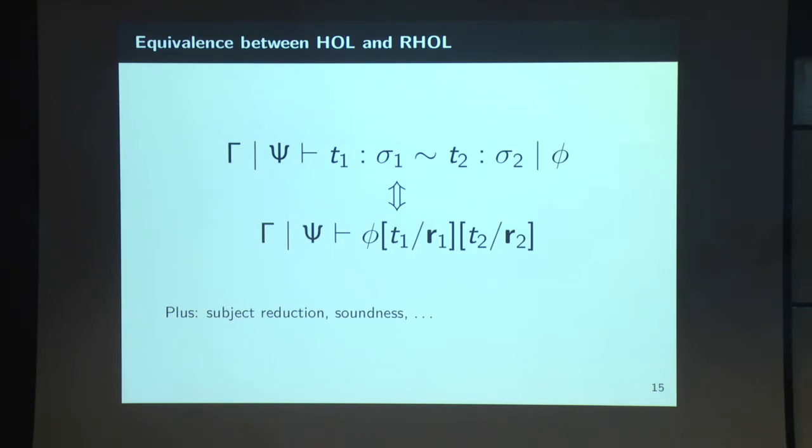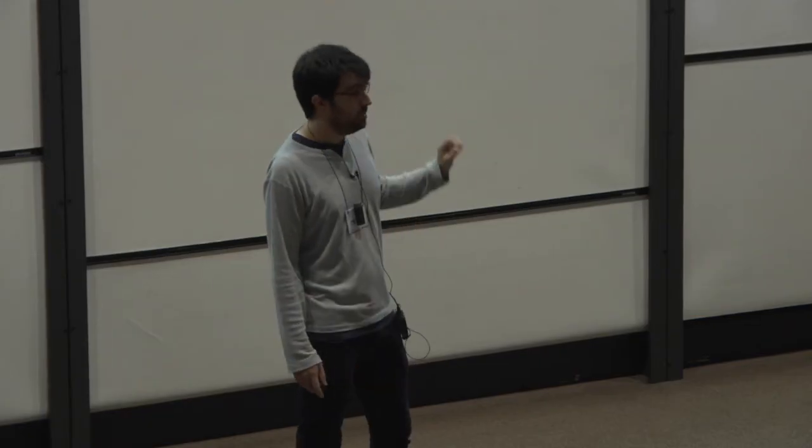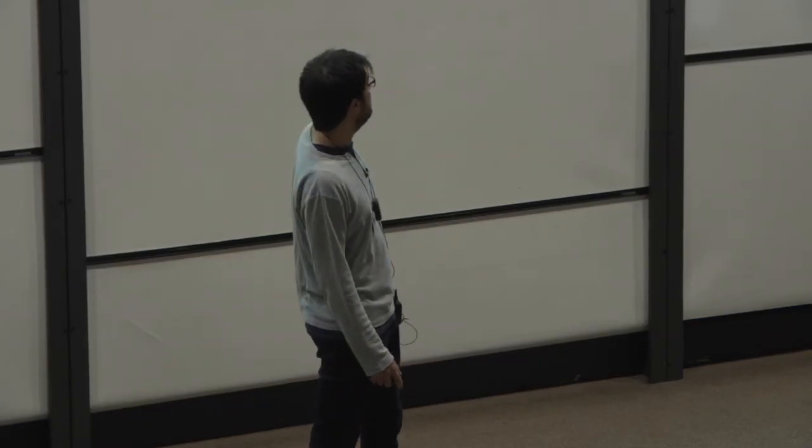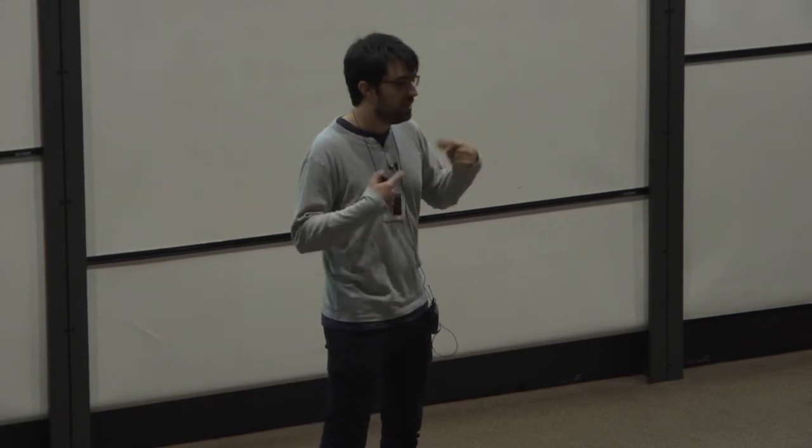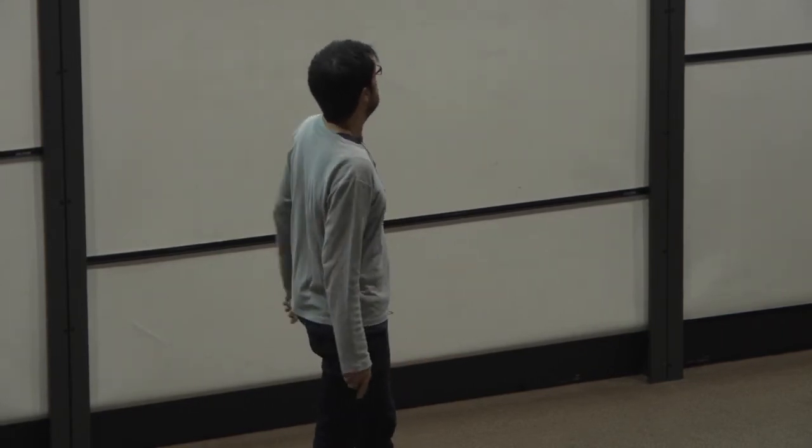And it additionally gives us all the properties that the terms have in HOL. So for instance, you would get subject reduction for free and so on. Right, but this is the key result, our key metatheoretical result, because it means that we have not lost anything at all from HOL, but we can now do relational reasoning over it.